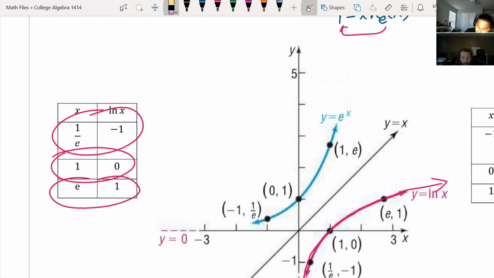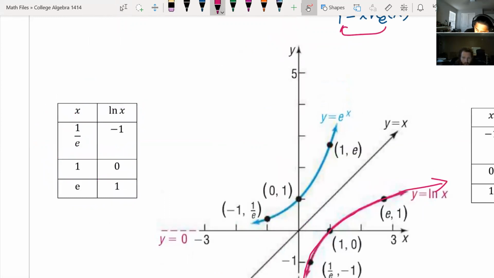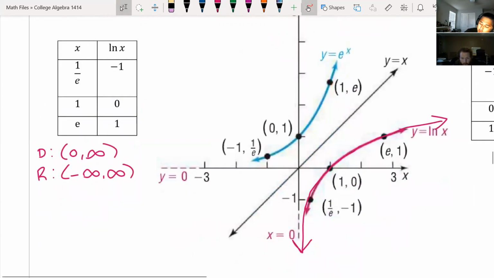So I'll write that here. Your domain is still 0 to infinity. Your range is all real numbers. And since you do not touch the y-axis, you have a vertical asymptote at x equals 0.